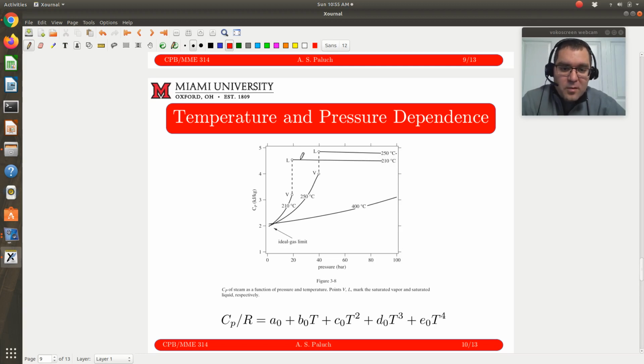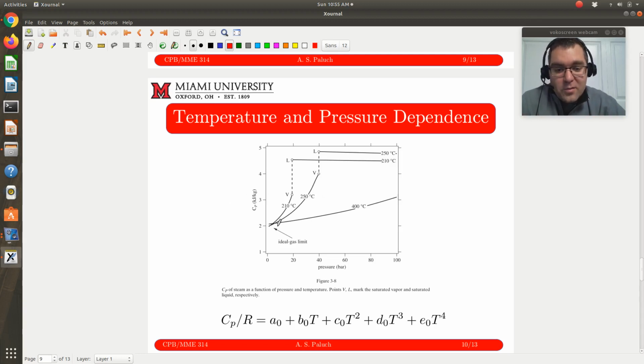Many properties of liquids and solids are insensitive to pressure, so heat capacity of a liquid can typically be assumed to only be a function of temperature, and can be tabulated in forms like this, say a polynomial. Now, when it comes to vapor phases, we see that these curves are not horizontal. Vapor phases are typically compressible, and so there we would need to worry about both temperature and pressure dependence.